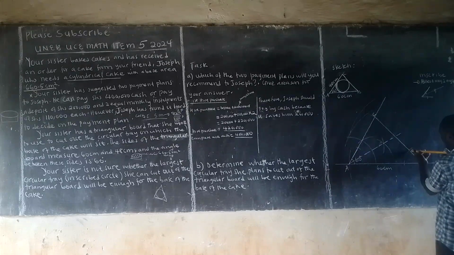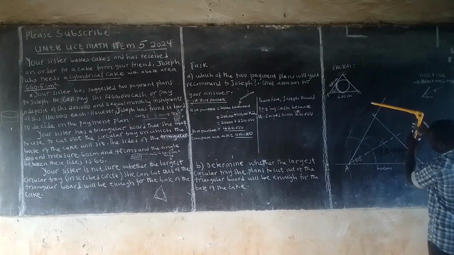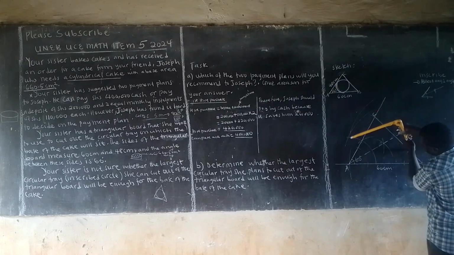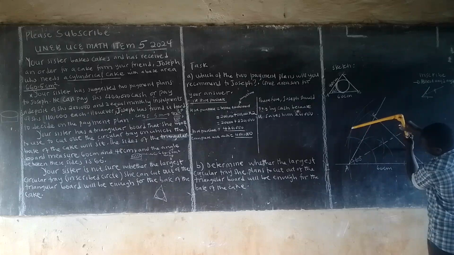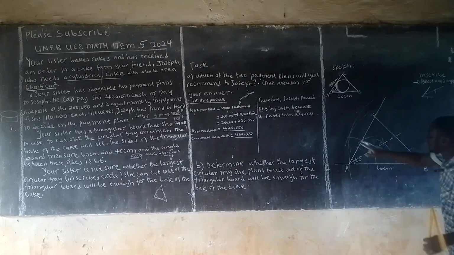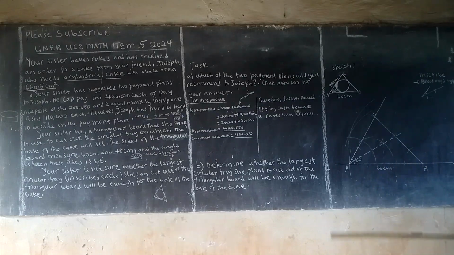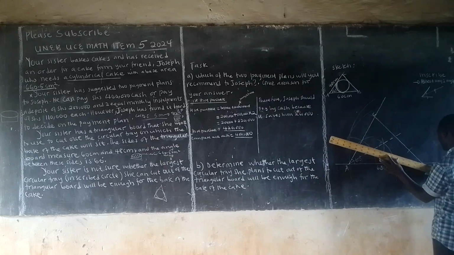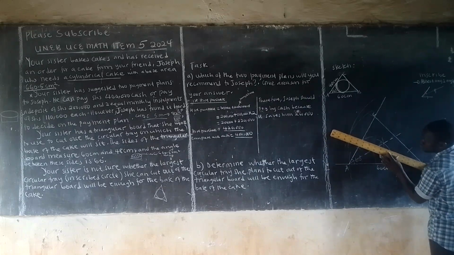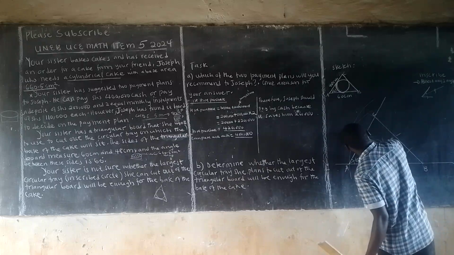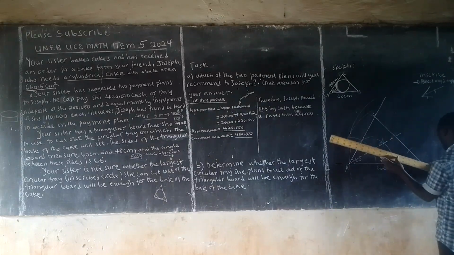Okay, they're intersecting somewhere there. So now I get my ruler and also draw a dotted line passing through that and this other point. So I put my ruler there. Now where is this point here? It is somewhere there.